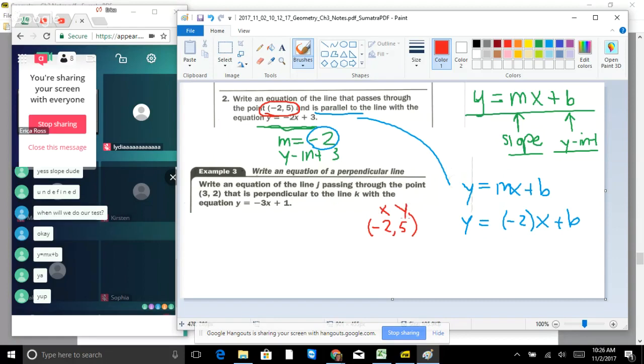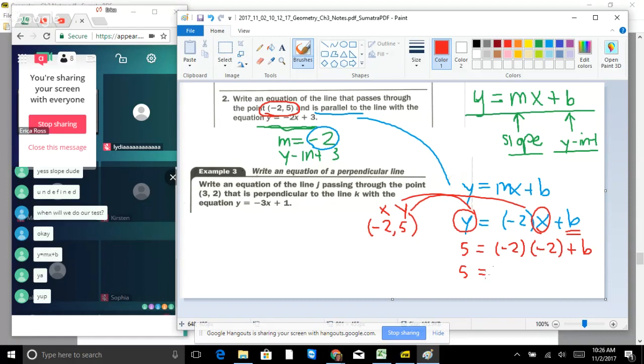And over here, I have an x and a y, and I'm trying to also figure out my b, my y-intercept. So if I plug in my x and my y, then I should be able to figure out what b is. So when y is 5, my slope is -2, my x is -2, and I still don't know what b is. All right.